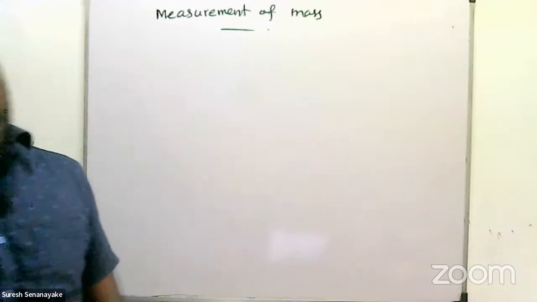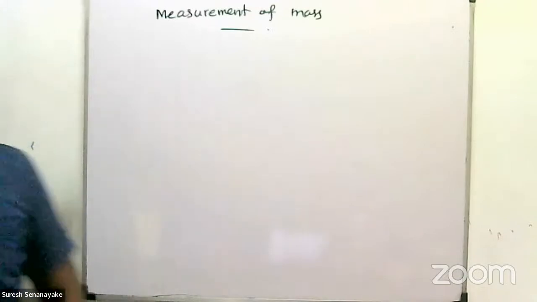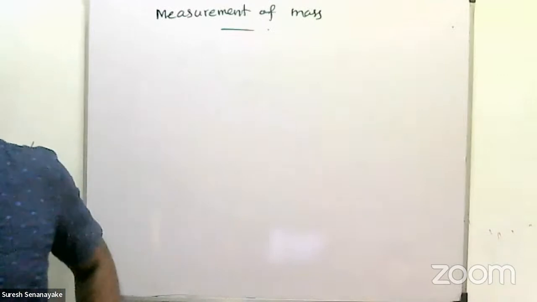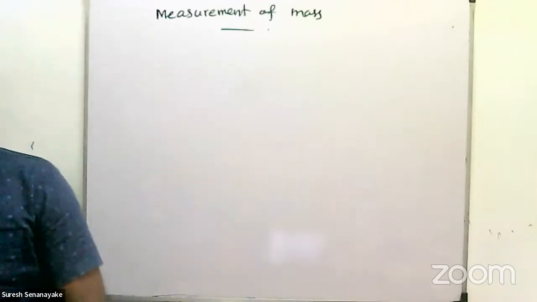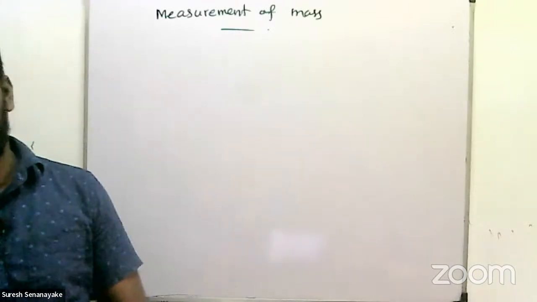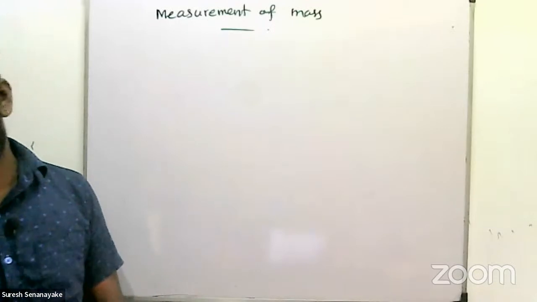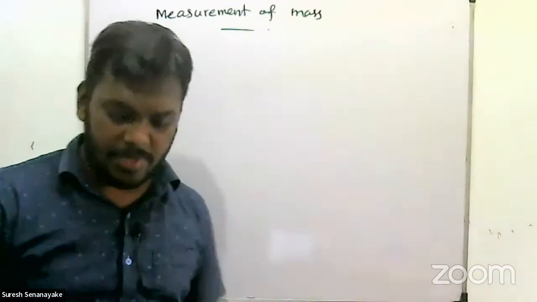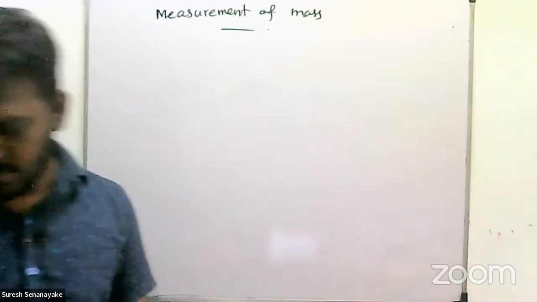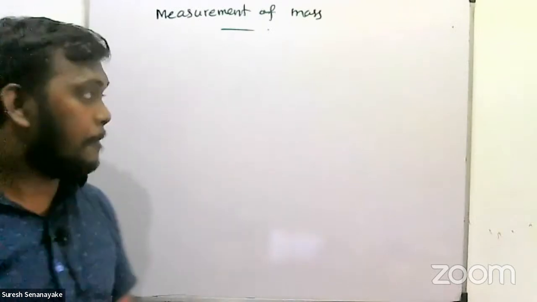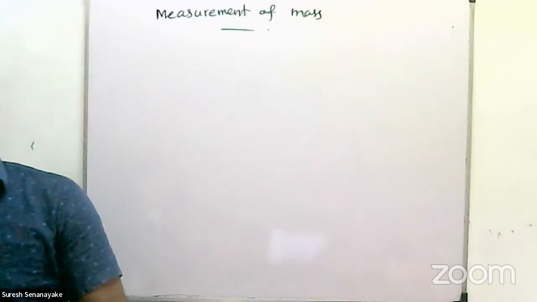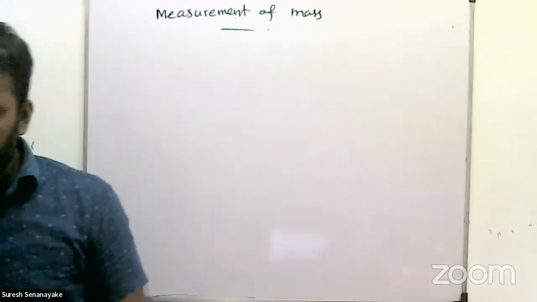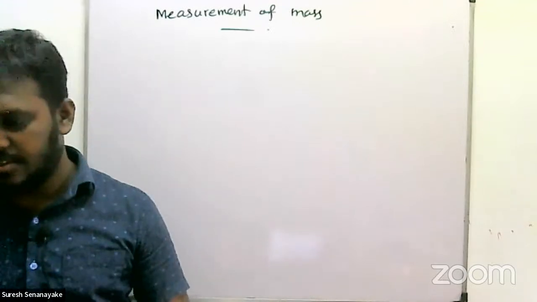Since the Earth's gravity is different from place to place, and it varies with the height from the Earth's surface, the weight of the object also varies.